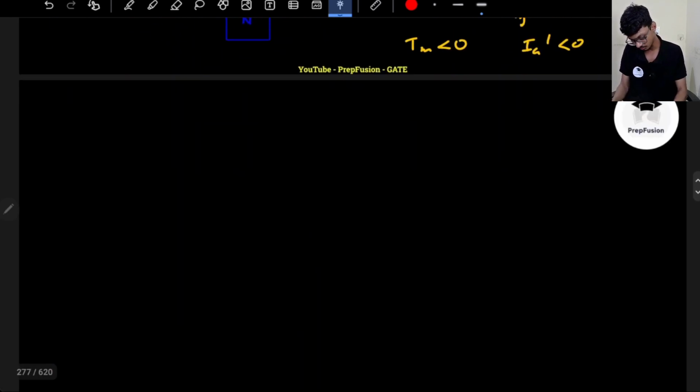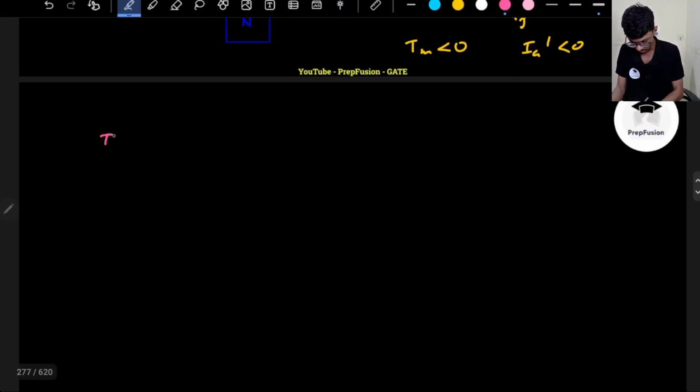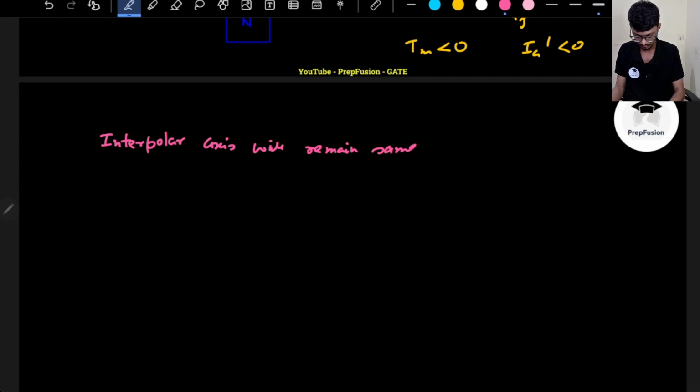So the answer to option 2 is: that's why we don't need to change the interpoles every time I use it as a motor or generator. The interpolar axis will remain the same, in the correct polarity.